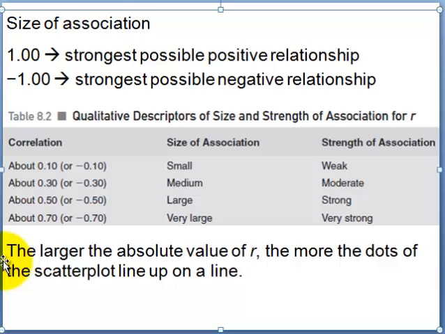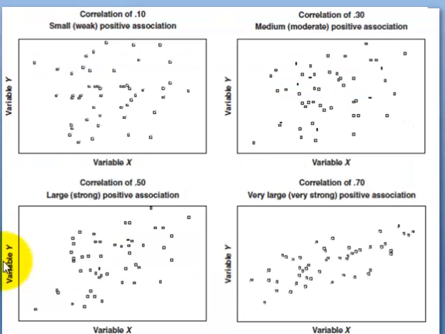the more the dots on the scatter plot are going to line up narrowly in the form of a line. With a little bit of practice, you're going to be able to look at a value of r, let's say 0.10, which is conveyed in our upper left scatter plot here, and picture in your mind's eye the shape of the pattern of dots.